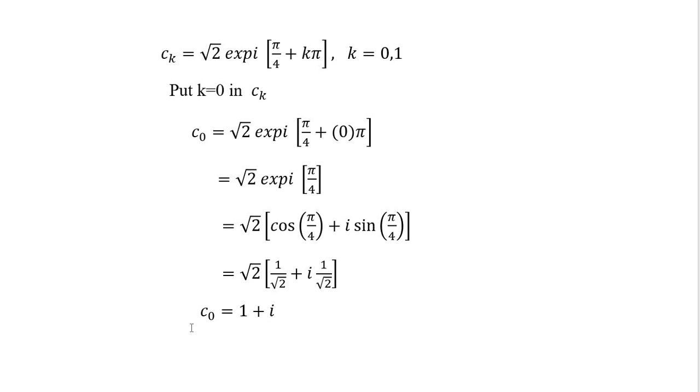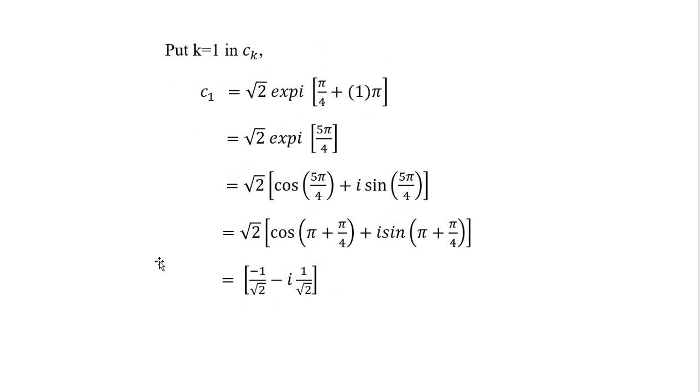So we get C0 equal to 1 plus i. Similarly, we can find C1. So we get the value minus 1 divided by root 2 minus i divided by root 2. So these are the two roots for z equal to 2i. In a similar way we can find any roots of a complex number. Thank you.